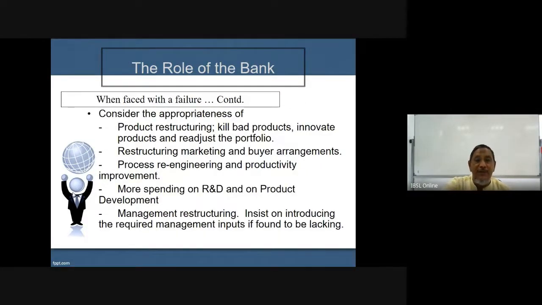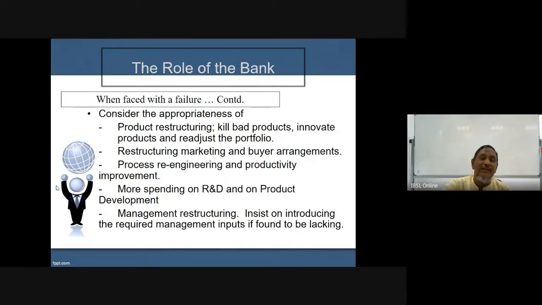Consider appropriate product restructuring: kill bad products, innovate products, and readjust the portfolio. What product is giving more profits? Which product is using less raw materials? Which product is more popular in demand?